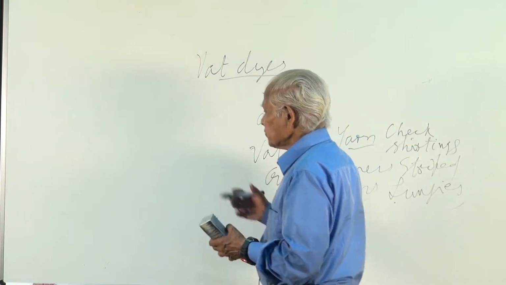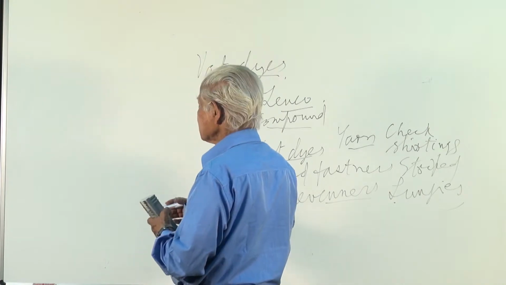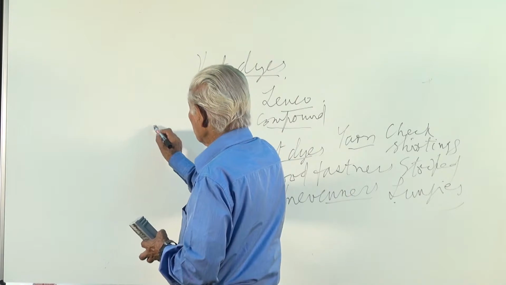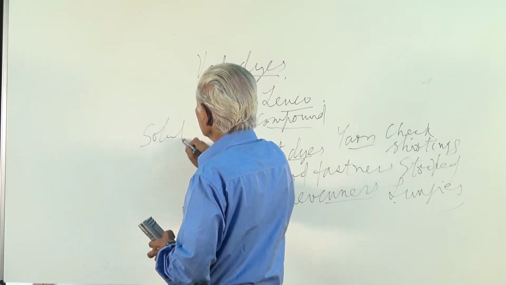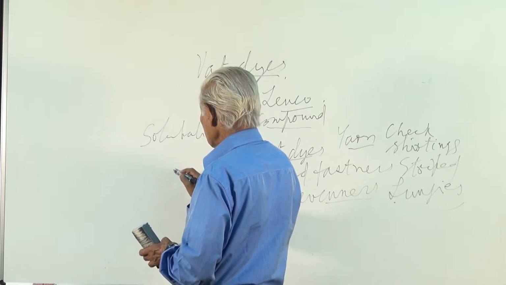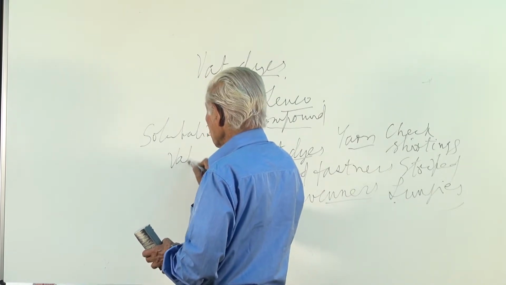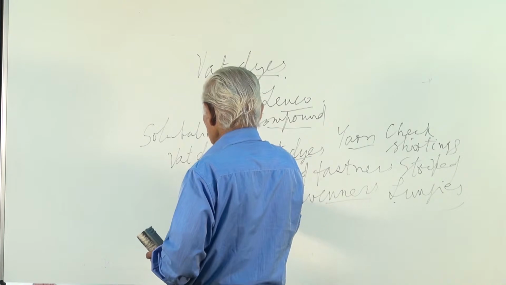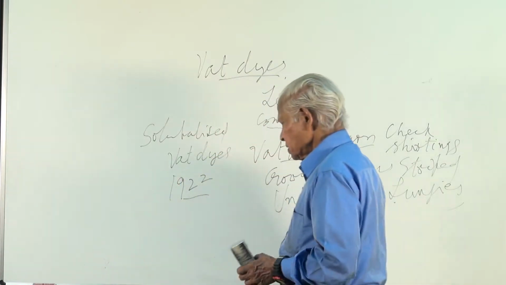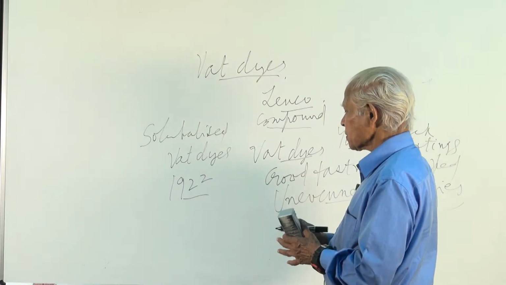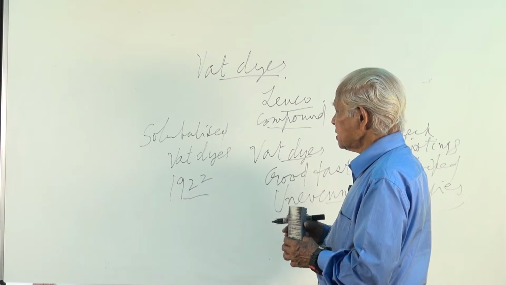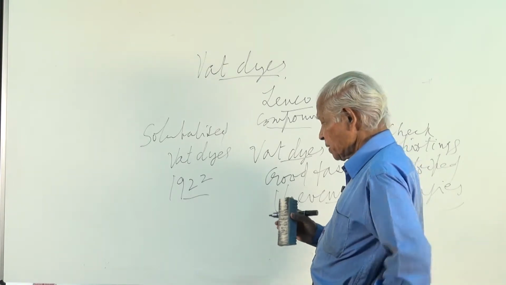And many modifications have been made to these VAT dyes in order to apply them very easily, what are called solubilized VAT dyes. There is no need to add sodium hydrosulfite to them. So in 1922, two scientists, Bader and Sander, developed these solubilized VAT dyes.